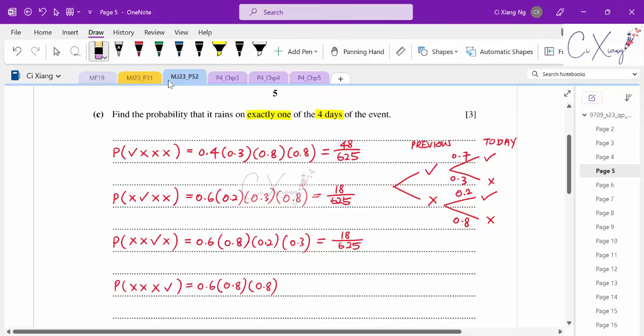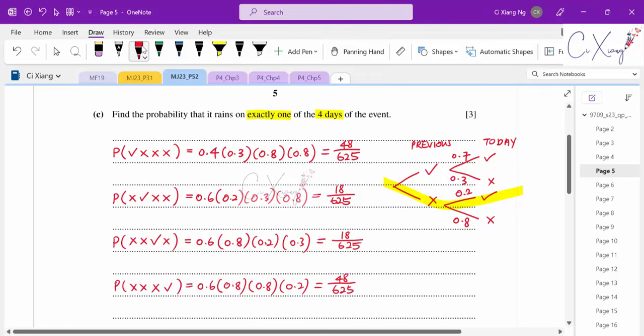And lastly, the fourth day is today. Today raining, but previous day not raining. So previous day not raining, today raining, the probability is 0.2. Alright, so again, you try to simplify all your values here. By right, you should get 48 over 625.